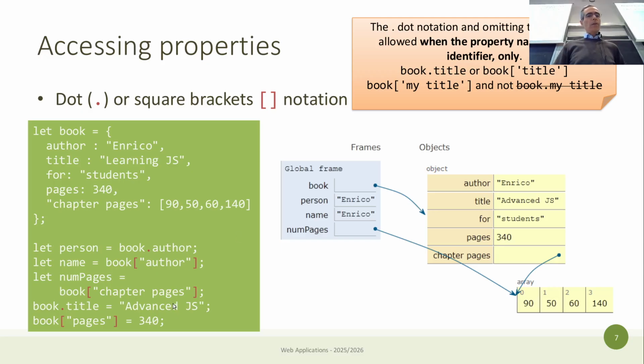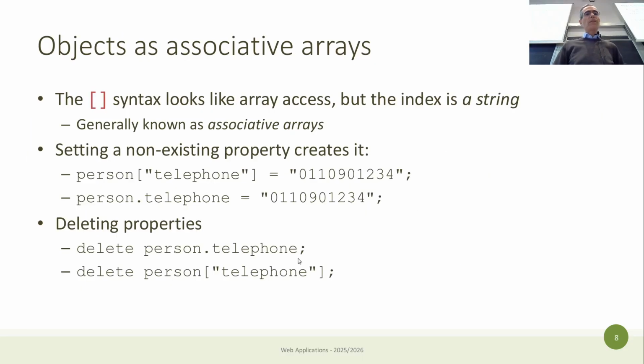So objects, in short, for us, could even be thought of as associative arrays. What's an associative array? It's an array in which you can use anything you like as an index. Not really a numeric index, 0, 1, 2, 3, 4, but you can put anything.